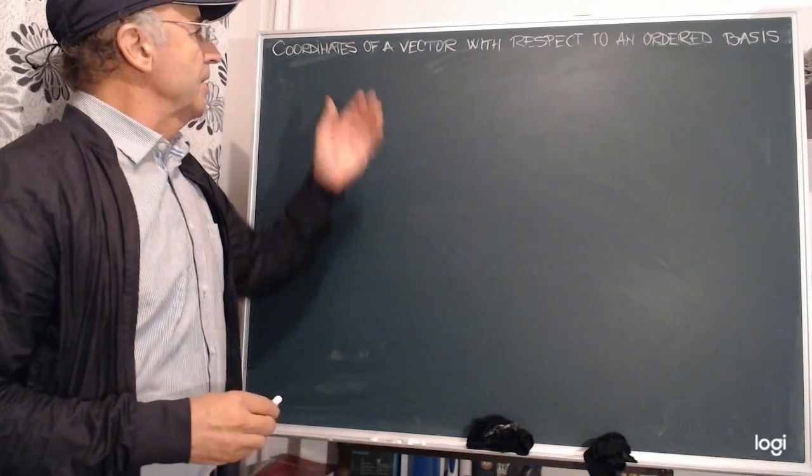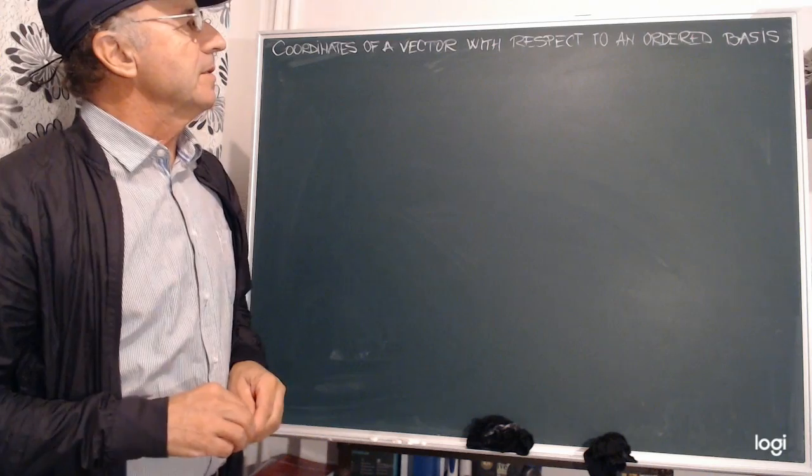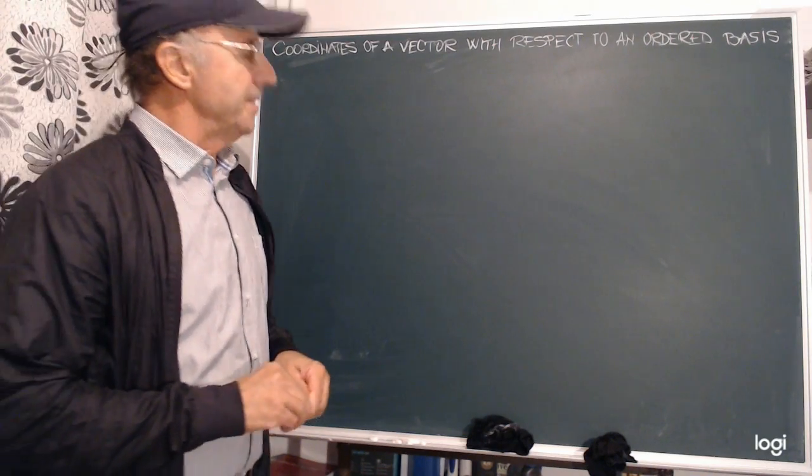Coordinates of a vector with respect to another basis.